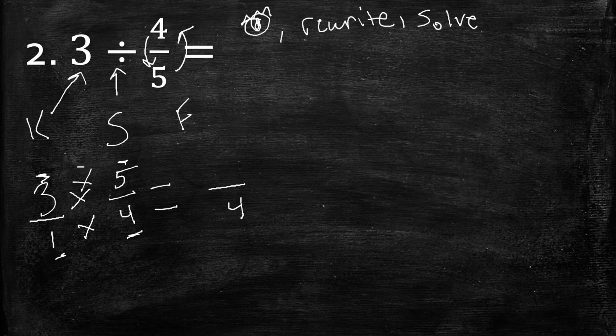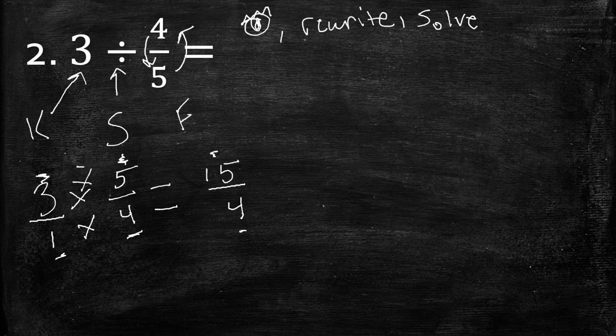So 3 times 5, drumroll please, is 15. So I have 15/4. Looks a little odd to me. This is an improper fraction. It's improper because our numerator is larger than our denominator. So I need to change it.